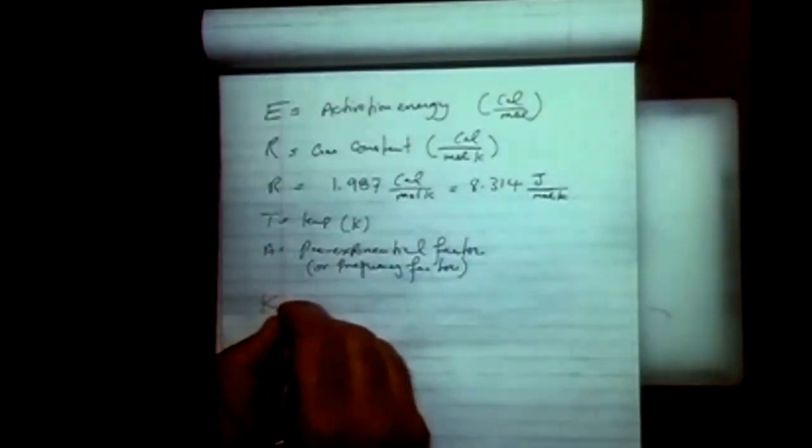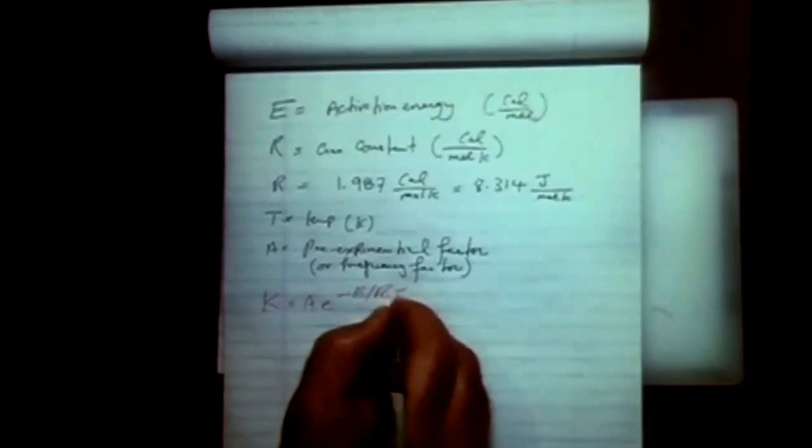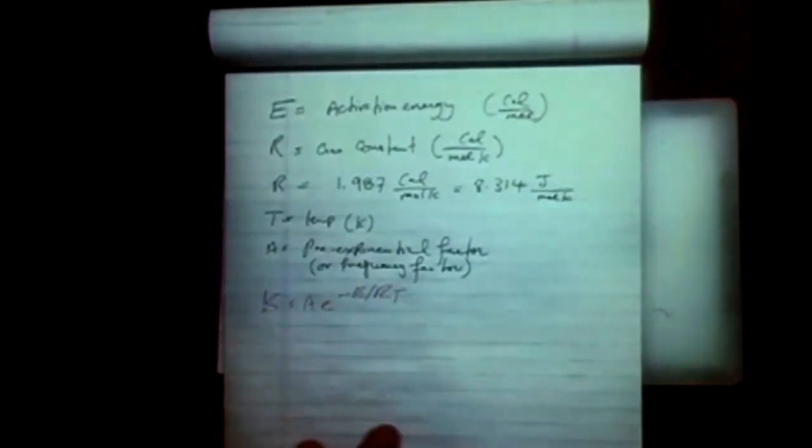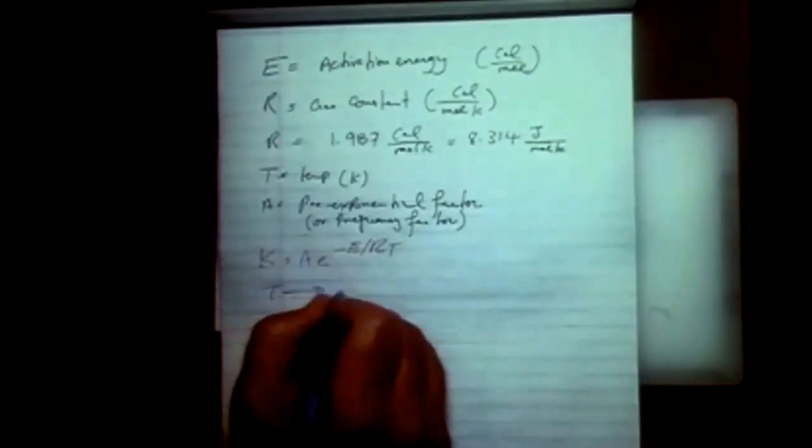If you look at that equation again, I will write it down here: k equals A e to the minus E over RT. What will happen if your temperature goes to infinity? I mean, a very high temperature. What will happen to your k?